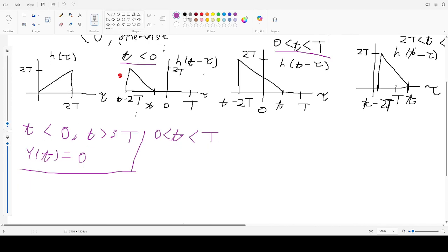So little t is between 0 and big T. Let's draw this. I'll draw the axes here. Here's tau. Here is big T. Little t is between those. And if we draw that part here, the triangle has a slope of -1. So if this distance is little t, that means this distance is also little t.